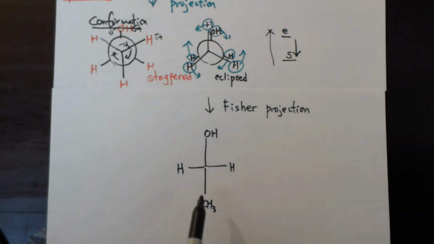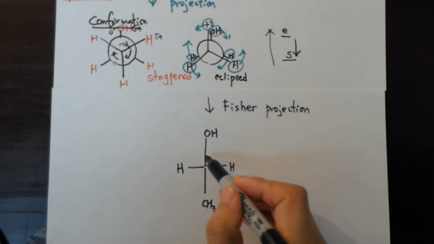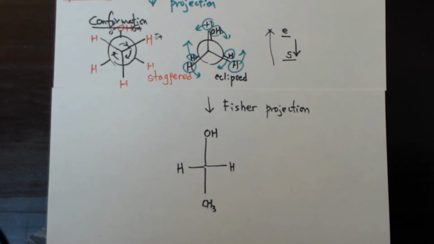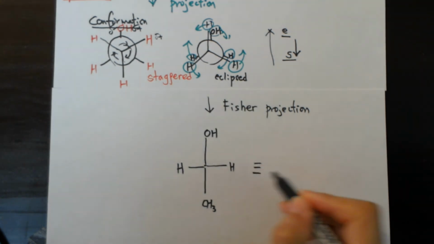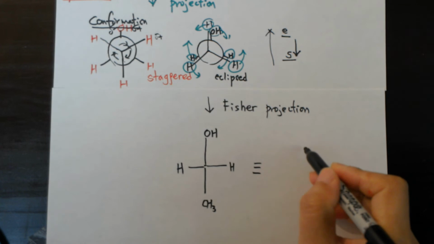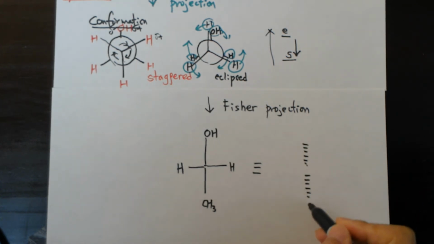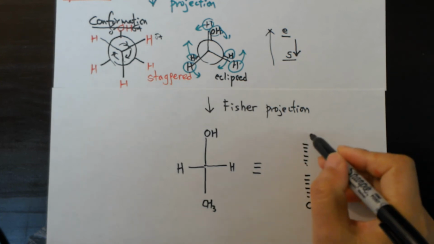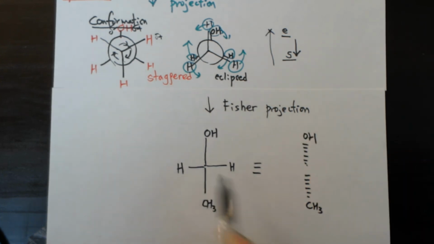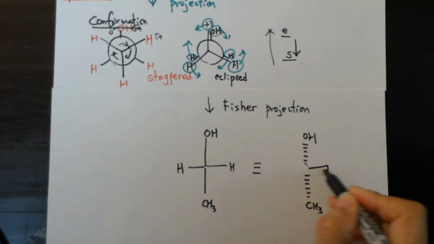Whenever you see the Fischer projection, it looks like it's a 90-degree, but it's not. That equals the carbon holding two vertical lines that are going away, and two horizontal lines coming at you.